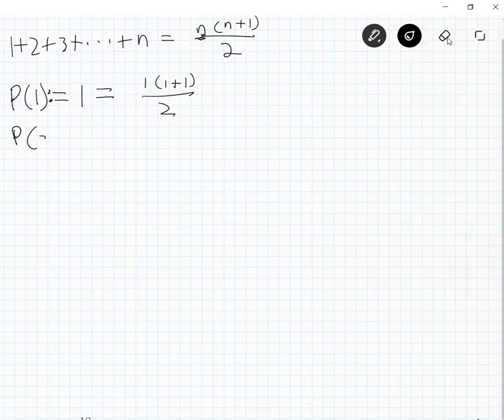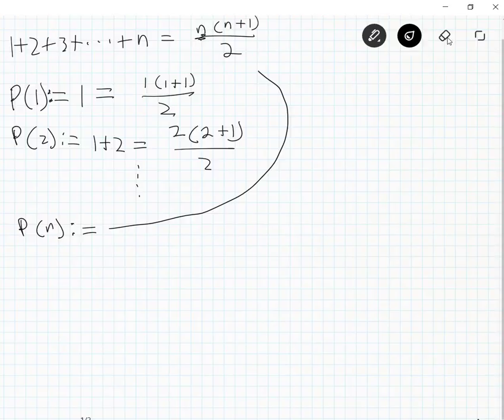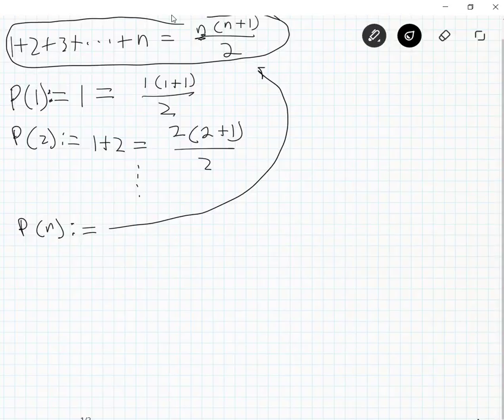P of 2 will be the statement 1 plus 2 is equal to 2 times 2 plus 1 over 2, and so on. So P of n is actually this whole statement, what we have written out right here. That statement will be P of n.